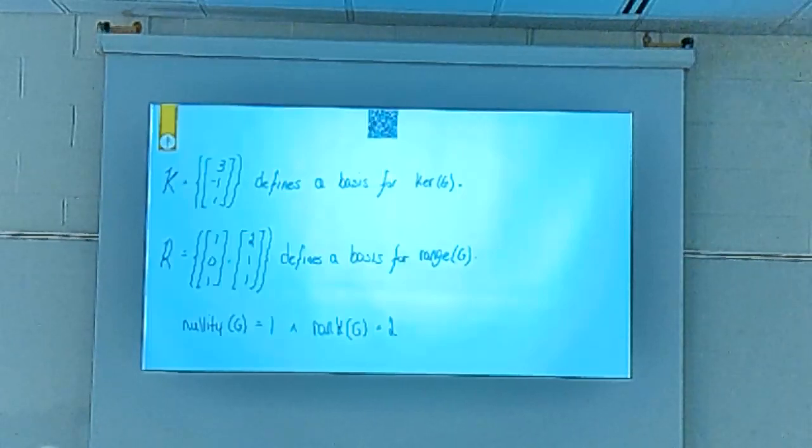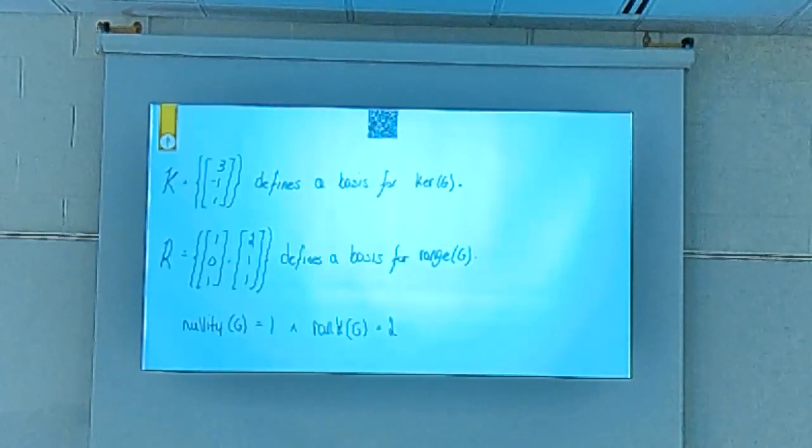Or how else could you have figured it out? The number of leading ones. Okay, that's true. Or, like the theorem with the nullity, the rank-nullity theorem. The sum has to be the dimension of the domain, right? And the dimension of the domain is 3.